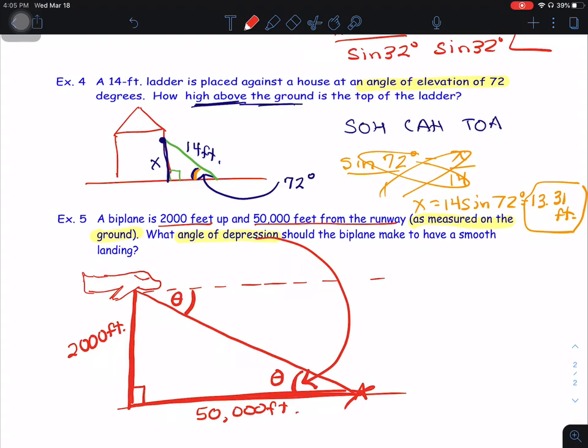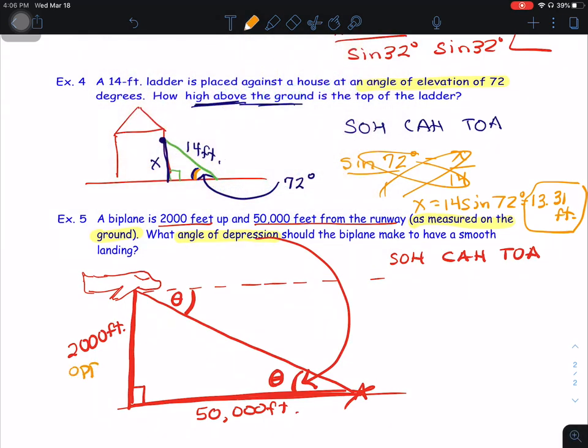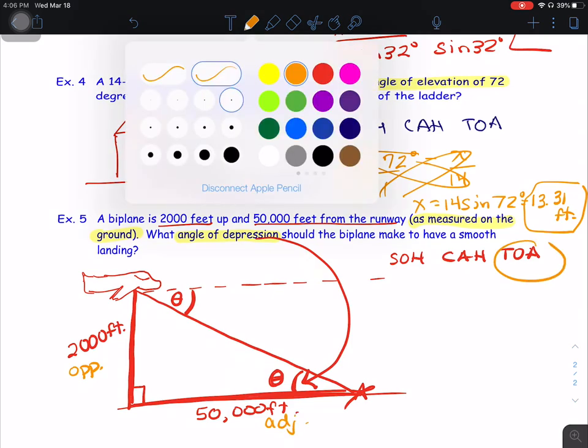Okay, so we need to pick a trig function that's going to incorporate the 2,000 with the 50,000. Now if I'm using theta right down here in the bottom right corner, it looks like the 2,000 is the opposite, but the 50,000 is the adjacent. So for this one, we would want to use tangent.